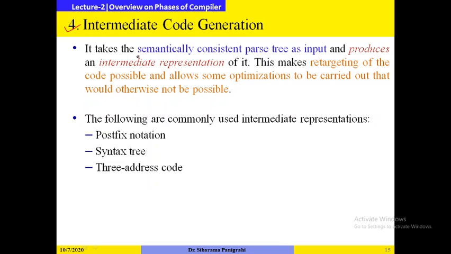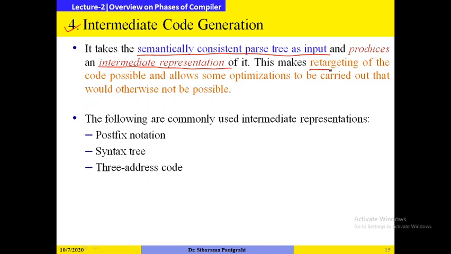It takes the semantically consistent parse tree as input. What is the output of the semantic analyzer? That will be the input to intermediate code generation. It produces an intermediate representation of it. Why does it produce an intermediate representation?